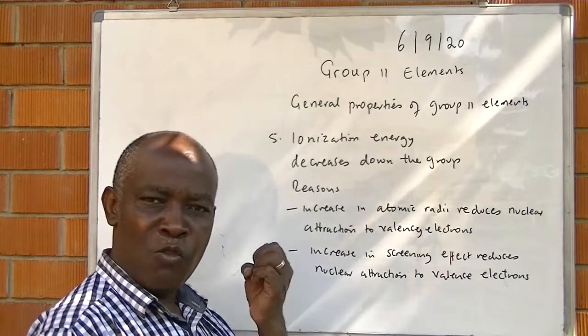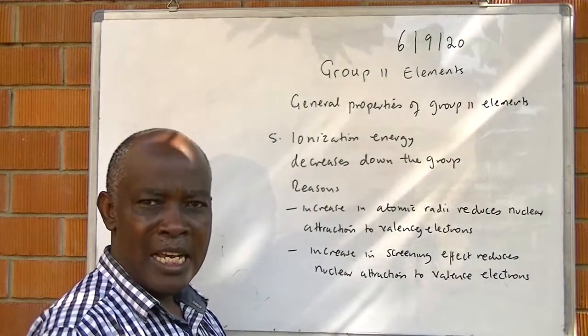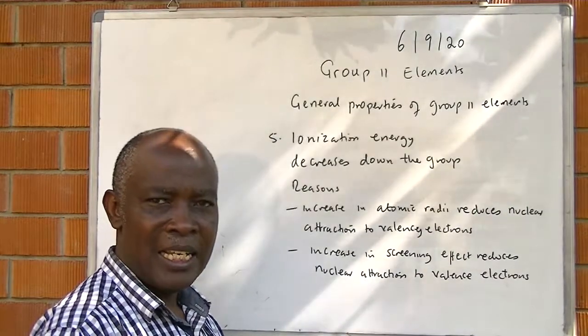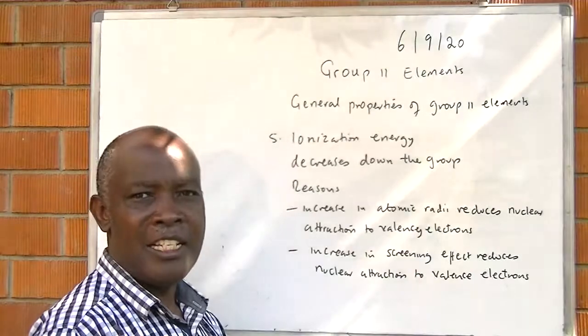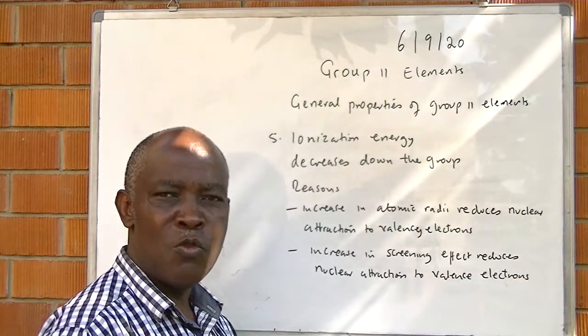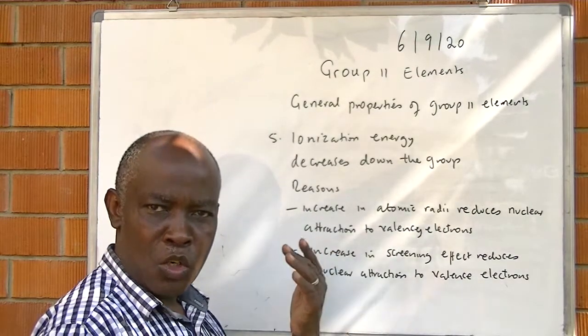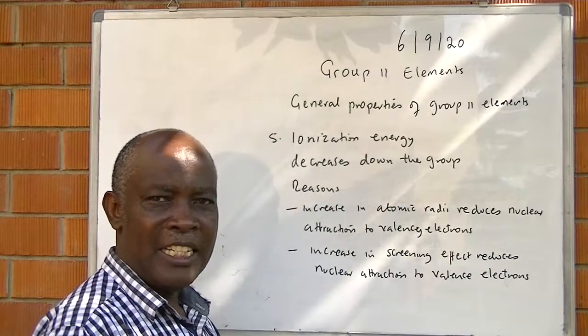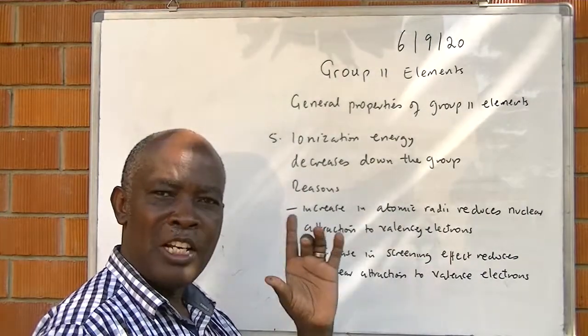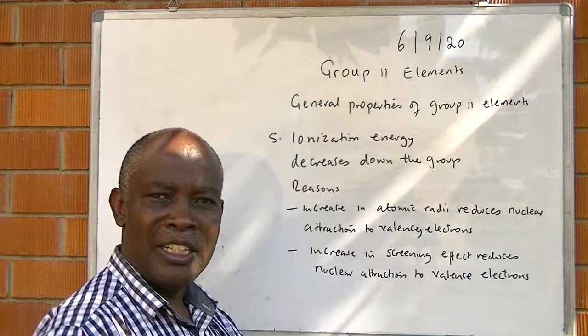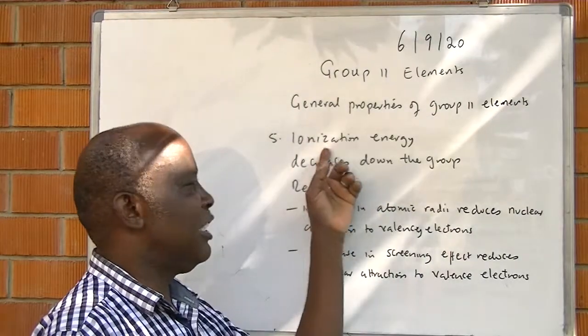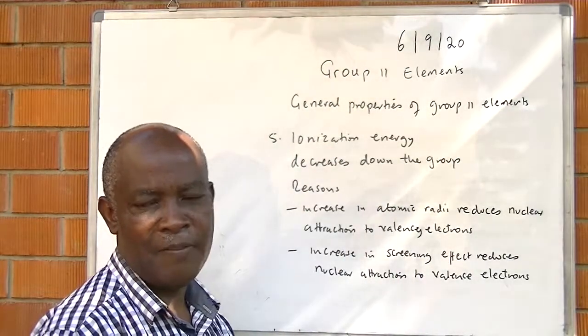The sizes of group 2 atomic radii are smaller than the sizes of group 1 atomic radii. When the size is small, the nuclear attraction increases and therefore ionization energy increases.